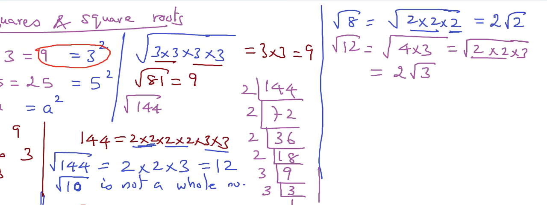Let's find the square root of some bigger number. Let's say we need to find the square root of 1296.